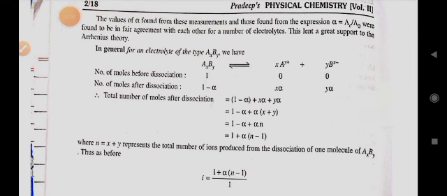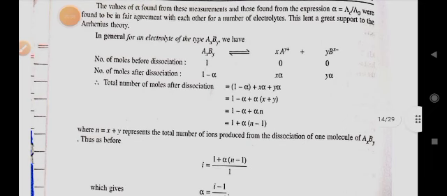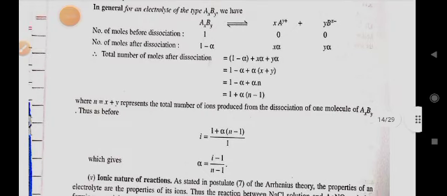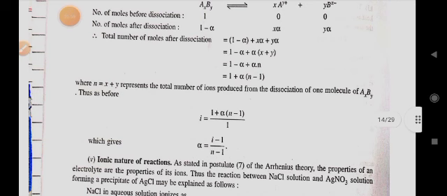In general, for an electrolyte of the type AxBy, we have number of moles before dissociation: AxBy is equal to 1, and xA^y+ and yB^x- is equal to 0. Number of moles after dissociation: for AxBy is equal to 1 minus alpha, and for xA^y+ is x alpha, and for yB^x- is equal to y alpha.